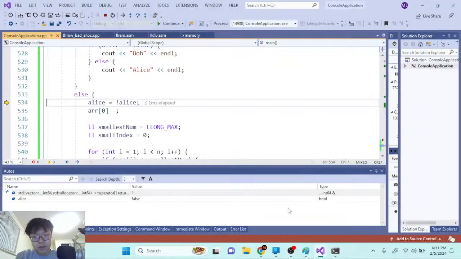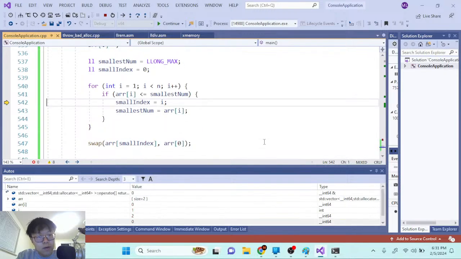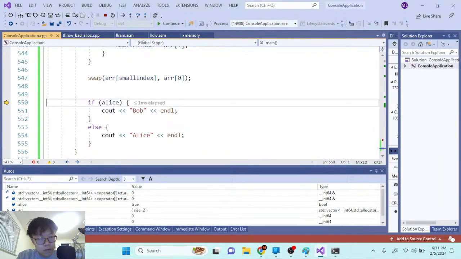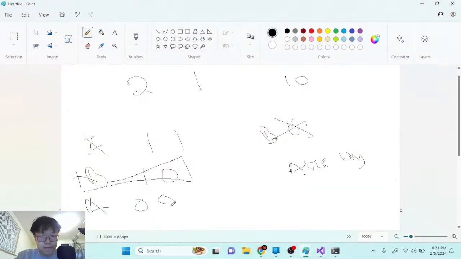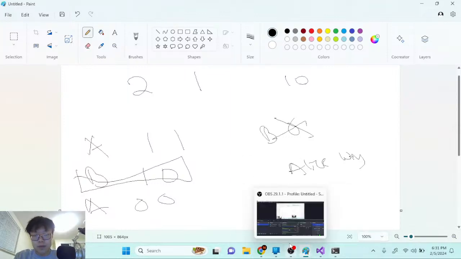End of Alice's turn, it should be 0-0. So now it should be Bob's turn. So, okay, this should be not Bob.